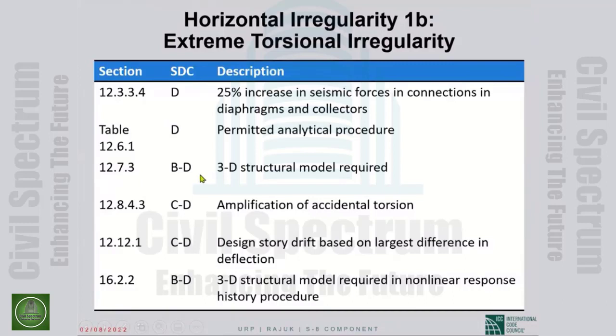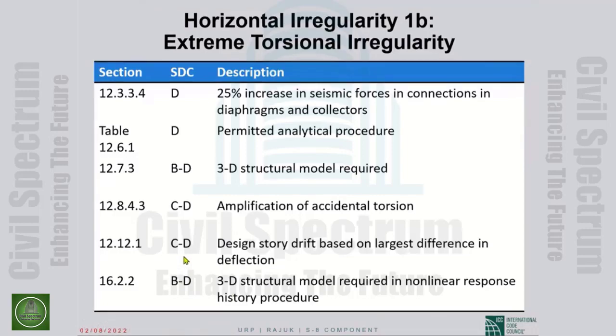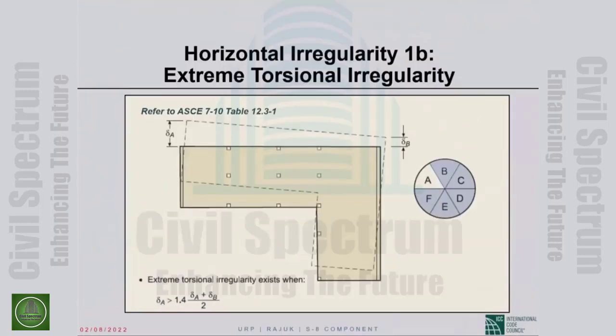And that should be kind of intuitive. Amplification of accidental torsion, we talked about. Design story drift based on largest difference in deflection along the edges that we just talked about. The last item says that even when you do nonlinear time history analysis, you will have to do 3D. The 2D will not be sufficient anymore.